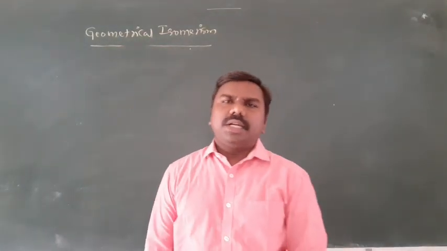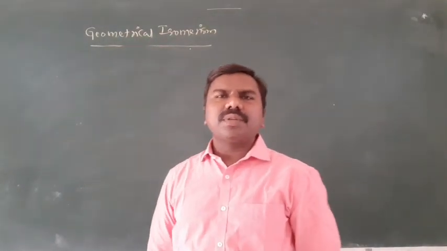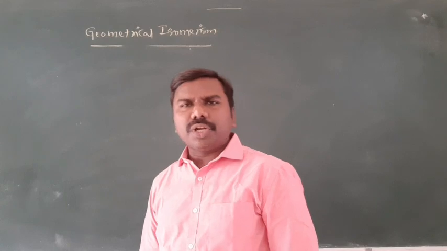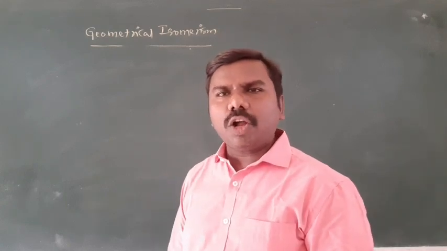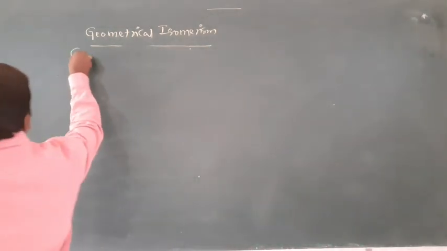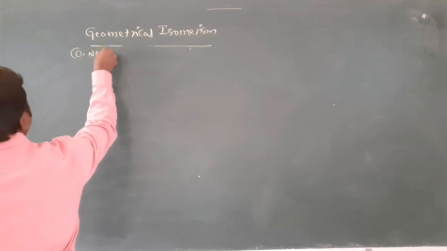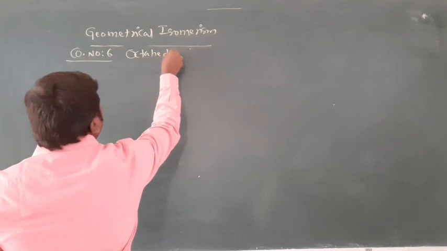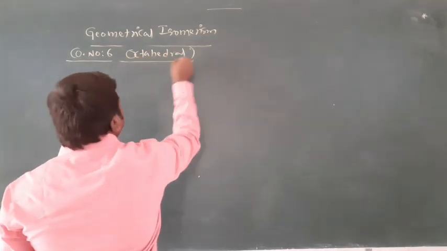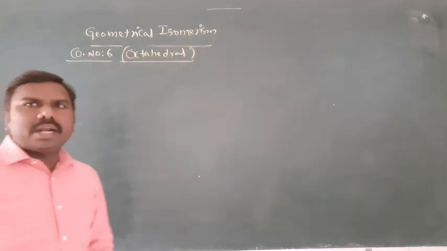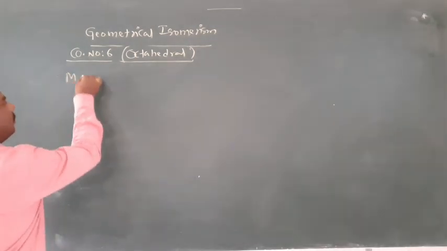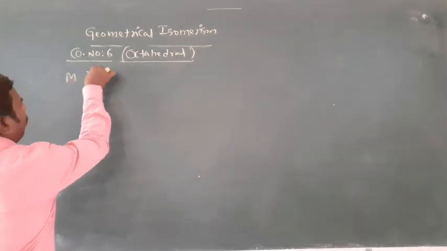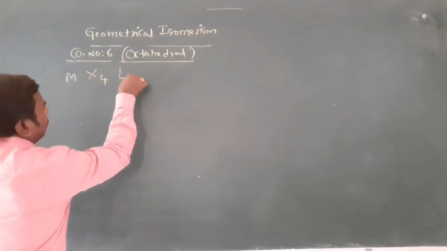Next, we observe geometrical isomerism in coordination number 6 octahedral complexes. Formula is M X4 L2.